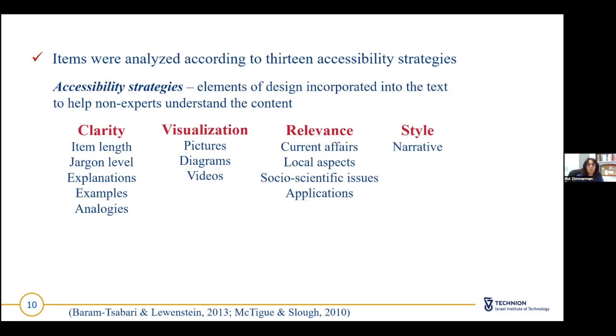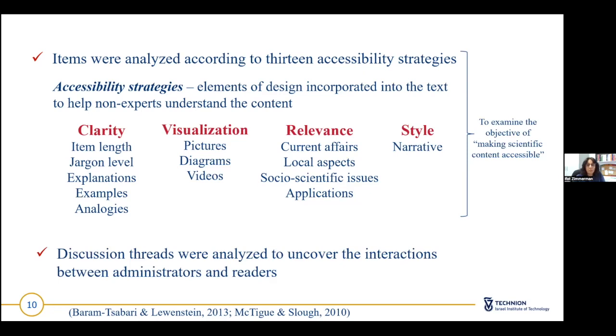Accessibility strategies are elements of design incorporated into the text to help non-experts understand the content. Some contribute to clarity, others to visualization, relevance, or style. This analysis was designed specifically to examine the objective of making scientific content accessible.